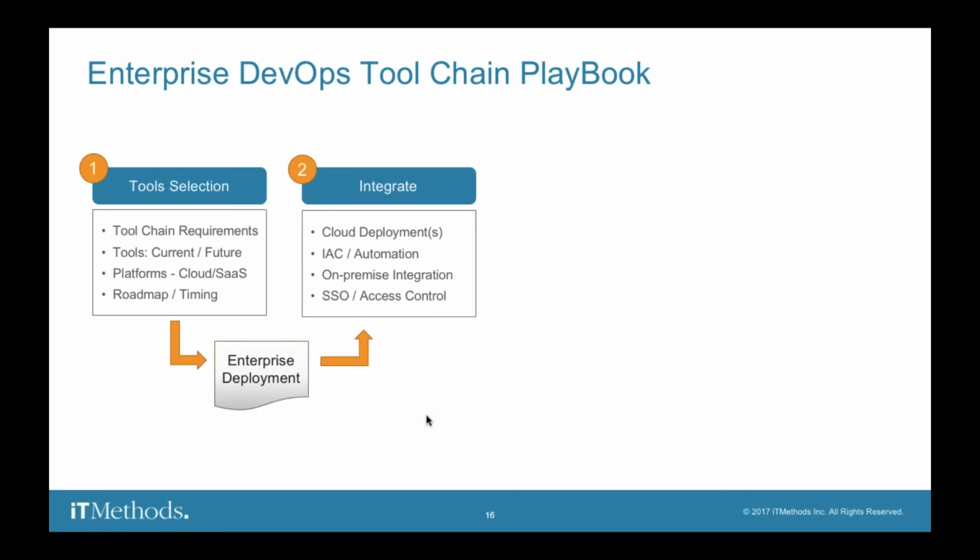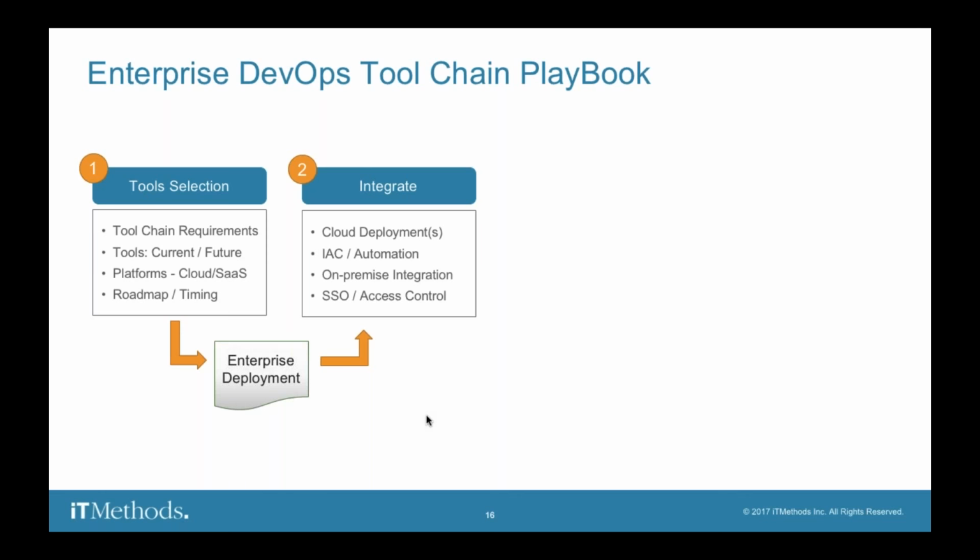Once we have a plan, and the plan can start small and grow, then it's about integrating these tools, which starts with deployment. IAC is infrastructure as code, so you should be exploiting these techniques and automation. There will always be on-premise integration to other or existing DevOps tools, but there could be other tools that many enterprises use, such as ServiceNow for provisioning new users or teams coming out of a service catalog.